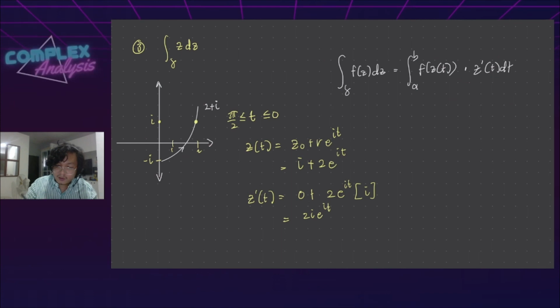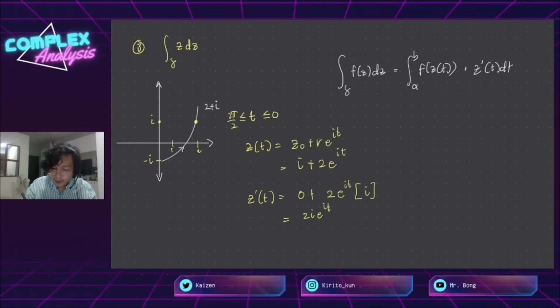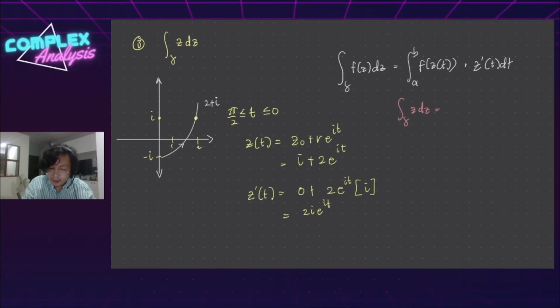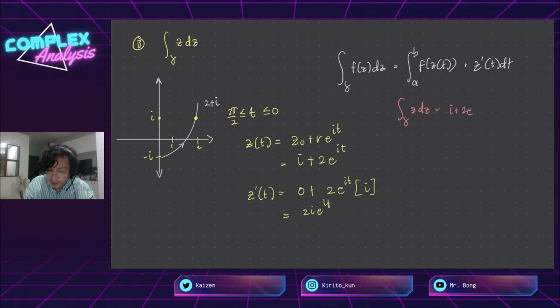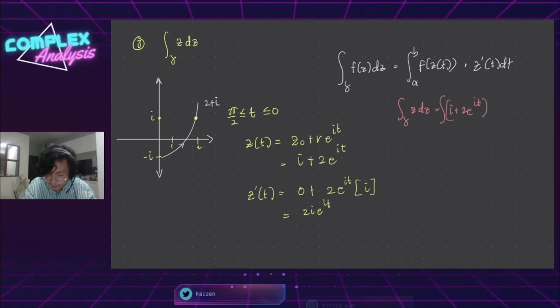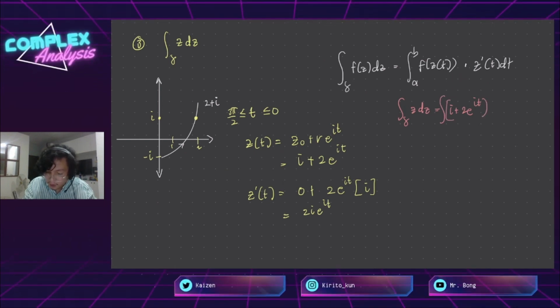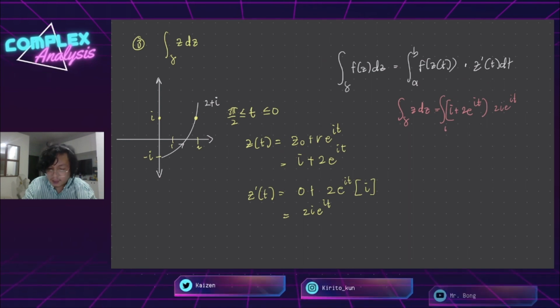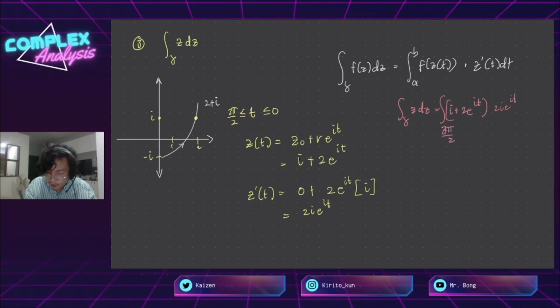So we have the integral of z dz under the curve gamma is equal to i plus 2e to the power of it, times the z prime of t, which is equal to 2i e to the power of it, with an interval of 3 pi over 2 to 0.